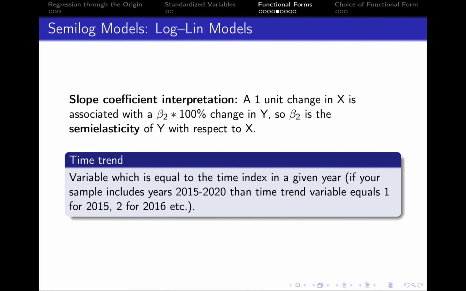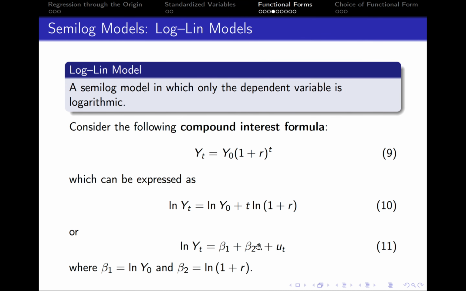So this is how the time trend is constructed, right? In our case, it will be equal to 1 for the first period, 2 for the second period, and so on and so forth. So we can say that ln y, each period, changes by beta 2 multiplied by 100%.